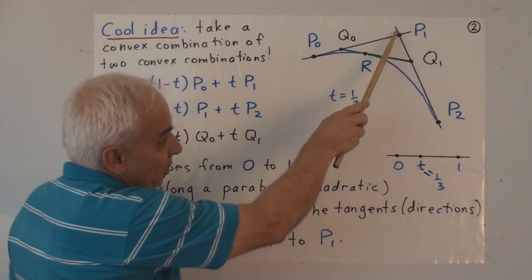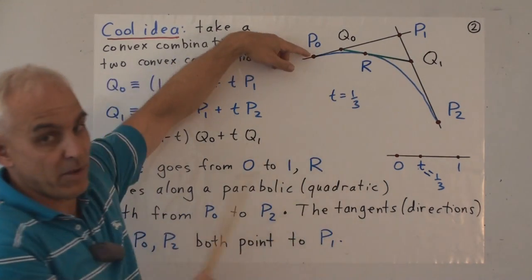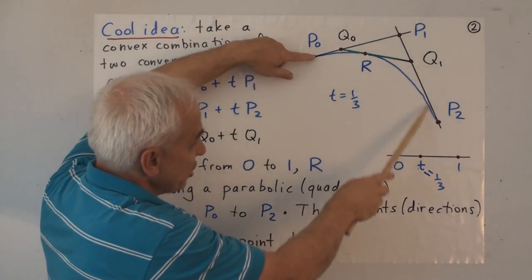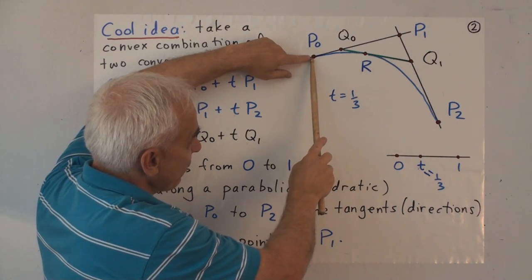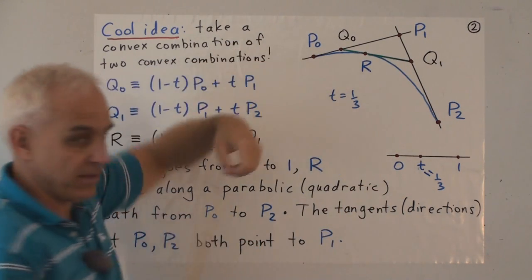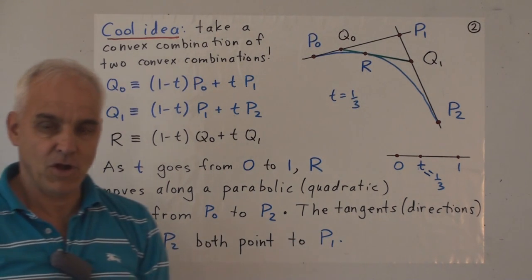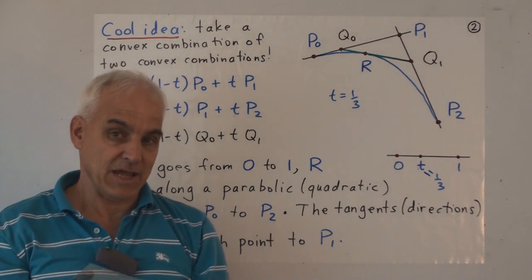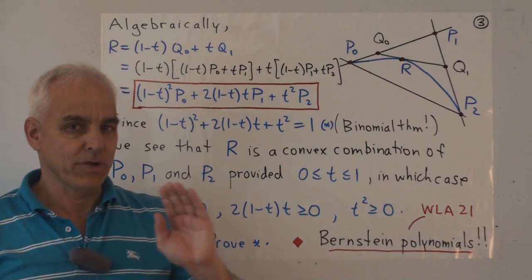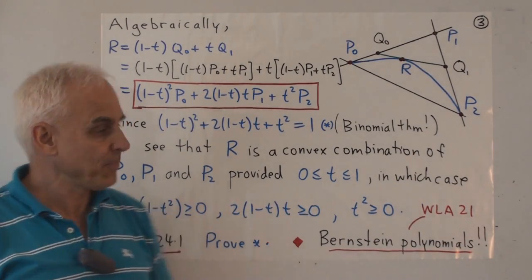Now suppose we move P1 a little bit. Well, then we would expect the curve to change its shape, but it would still be going through P0 and P2 at the endpoints. So that's a very simple kind of second degree Bézier curve. Let's have a look at how things look algebraically.